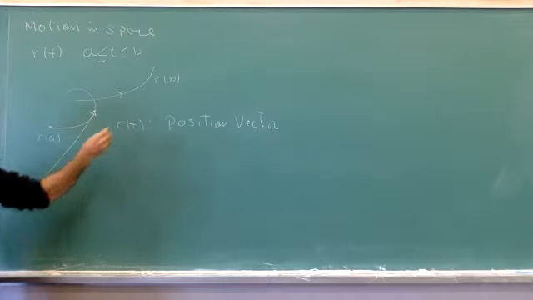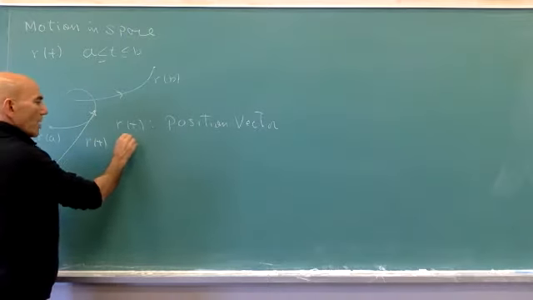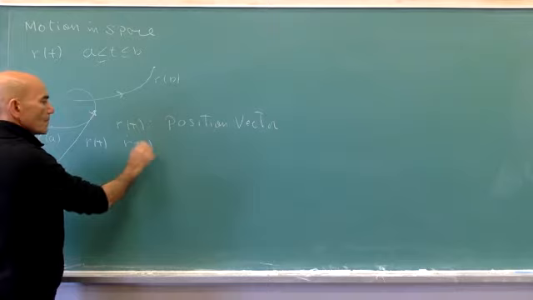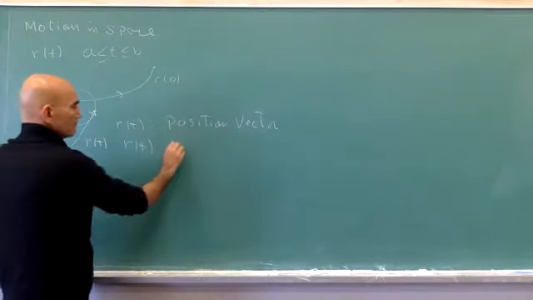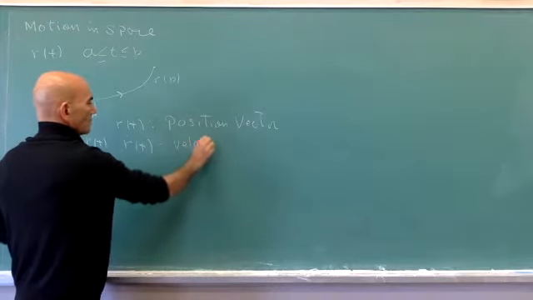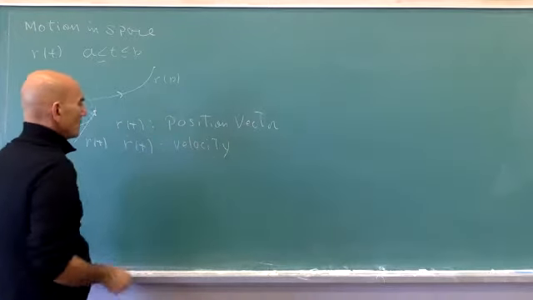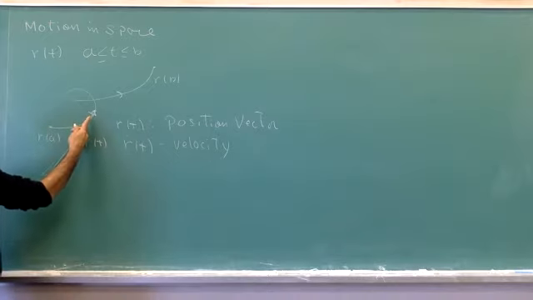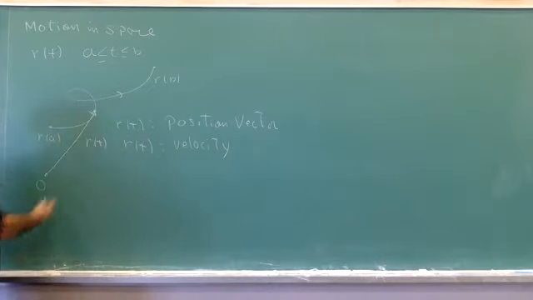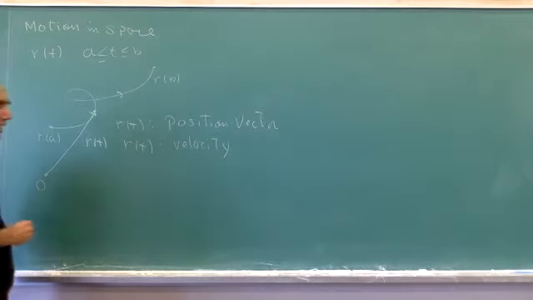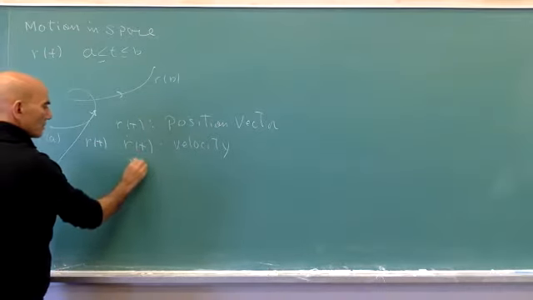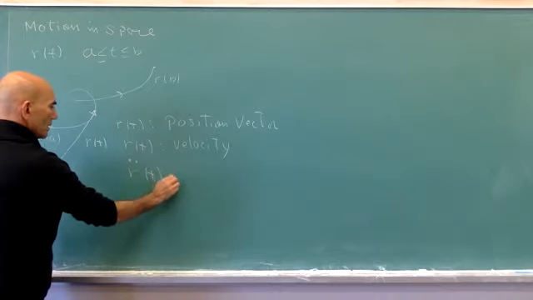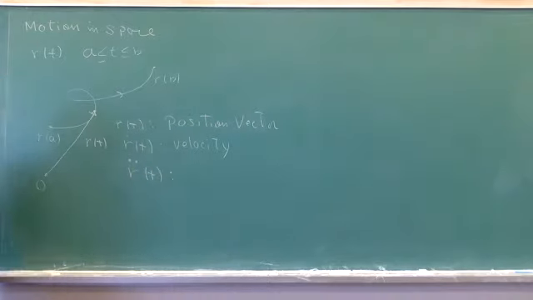Now, if we take R dot of t, this is the velocity vector. Velocity again is a vector, but it also gives you the tangent direction to the curve. And we also have R double dot of t. We did not talk much about this, but this is the acceleration.